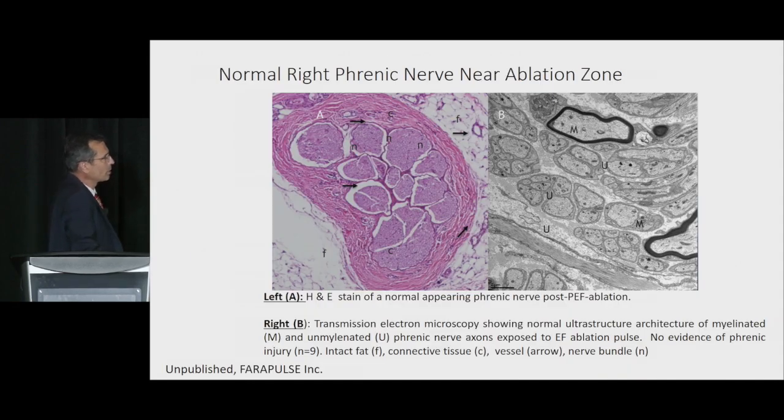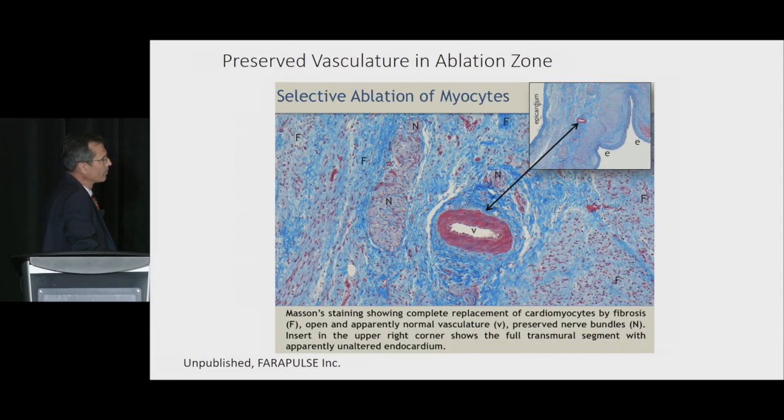This is showing you a right phrenic nerve that was immediately adjacent to some deliveries in this animal in the right atrium. Particularly in the swine, it's really right next to the lesion, and the histologic aspect and the functional aspect were completely preserved in this animal.